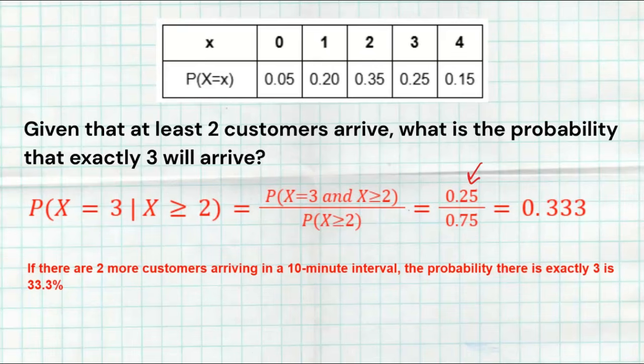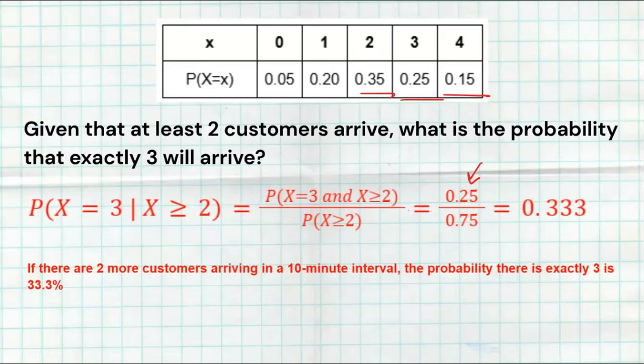The denominator is the probability of the condition, x being greater than or equal to 2. That's going to be 0.35, 0.25, or 0.15. Adding all those together, we get 0.75. Divide, and we get 0.333. So if there are 2 or more customers arriving in a 10-minute window, the probability that there is exactly 3 is 33.3%.